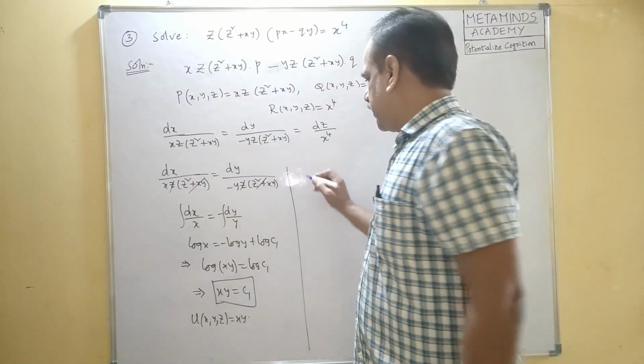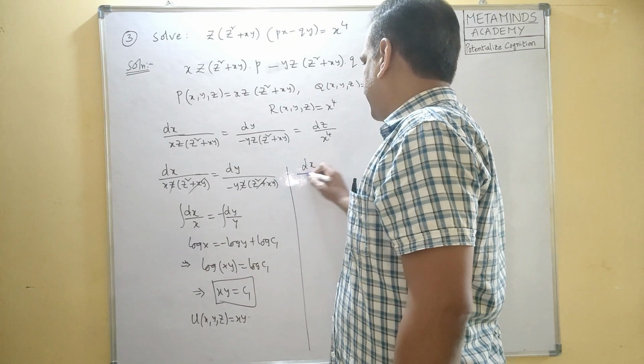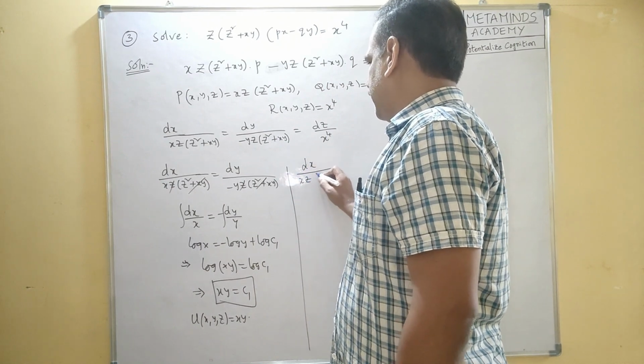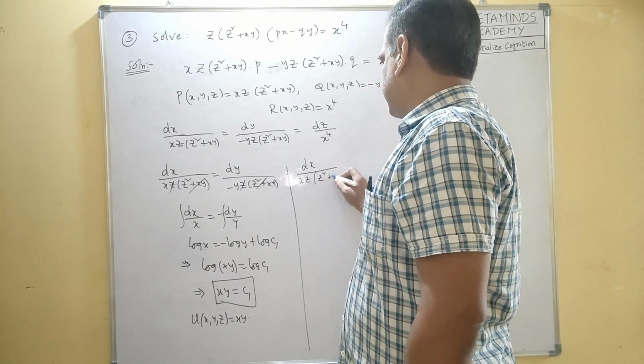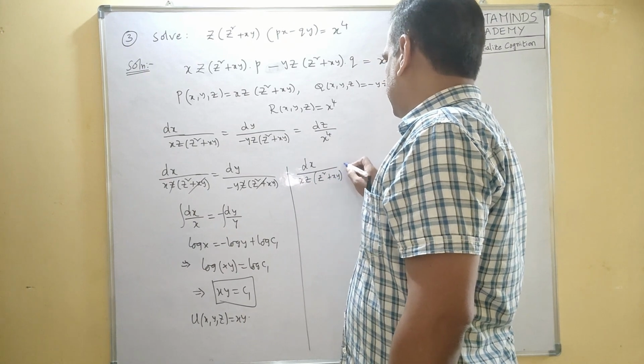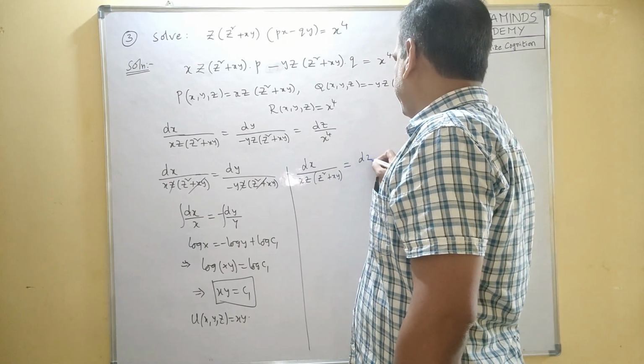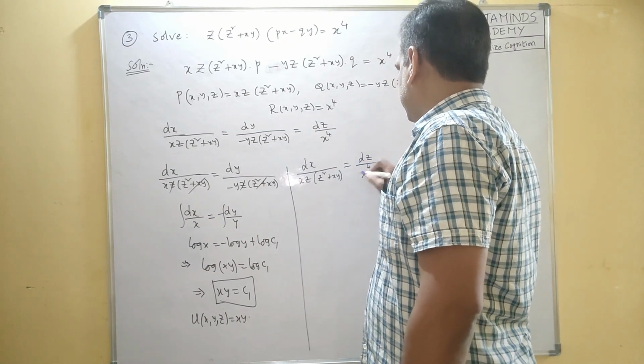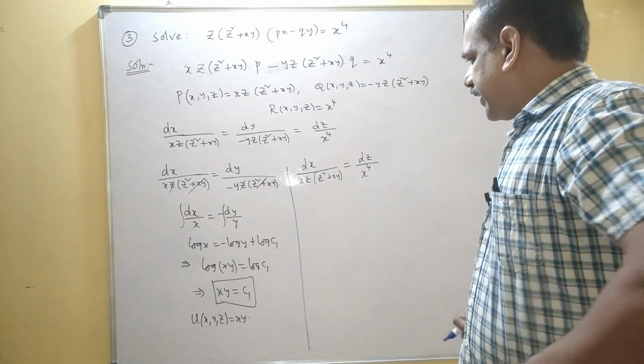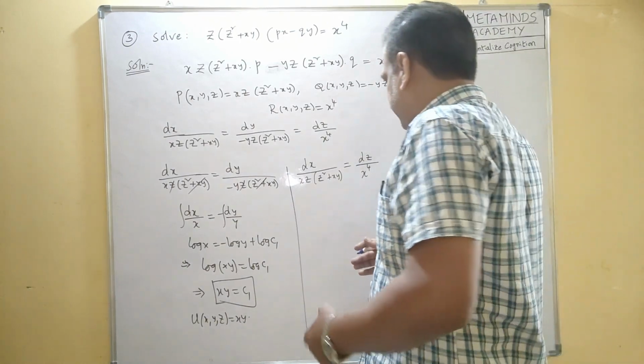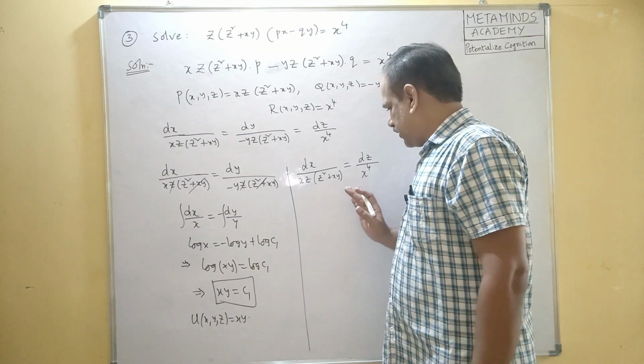Let us take the first one, dx by xz into z square plus xy equal to dz by x power 4. Again you see, we always try for variable separable.